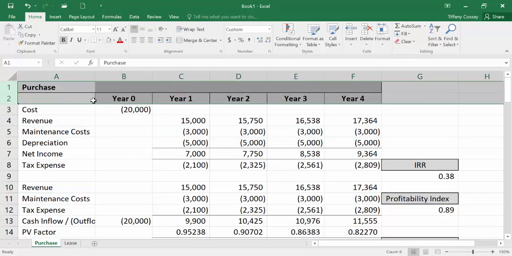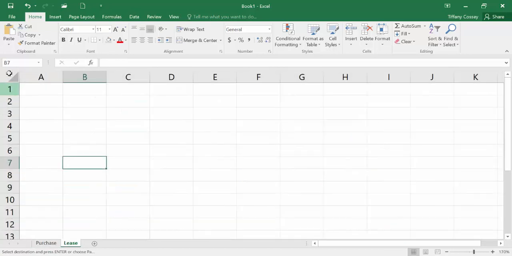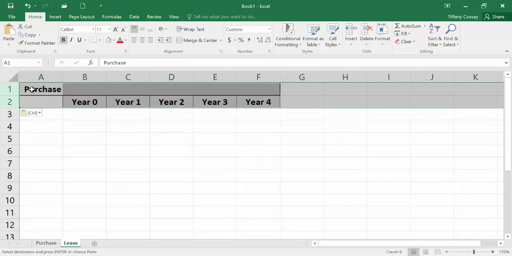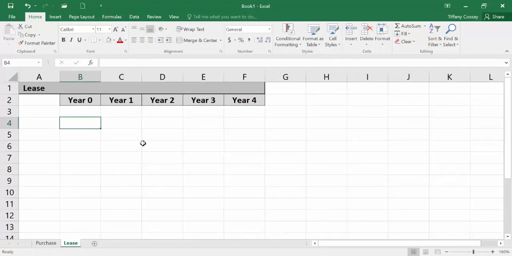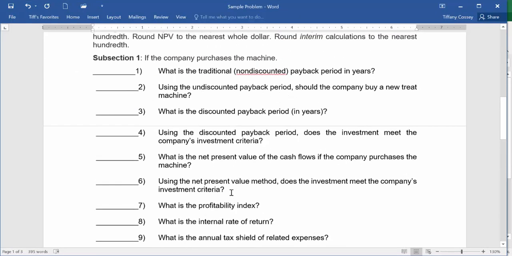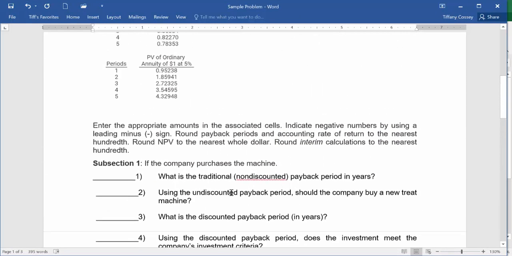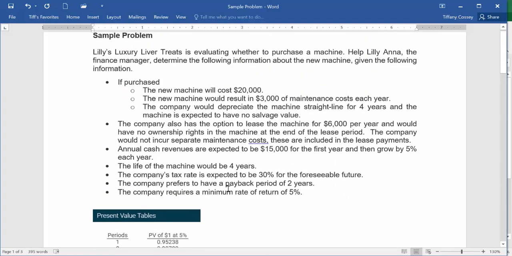I'm going to go ahead and copy these things though. And when I go back and take a look at the information, that's going to help me figure out what expenses I have. So all of these relate to purchasing the machine. This relates to leasing the machine.